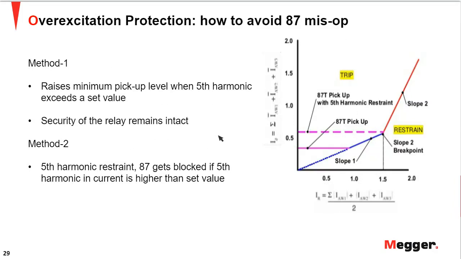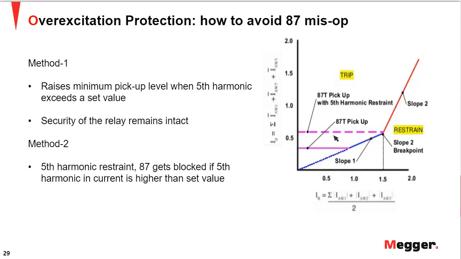Okay, so here we see the slope characteristics of a differential relay. We have a pickup, we have slope 1 and slope 2. Relay manufacturers have come up with different methods, where one of the methods is to raise this particular pickup level a bit higher when you have a fifth harmonic content in the signal that exceeds a particular setting, right? By doing this, we still have the differential security of your differential relay intact, right? We are not totally taking it away, but just raising this pickup bar higher.